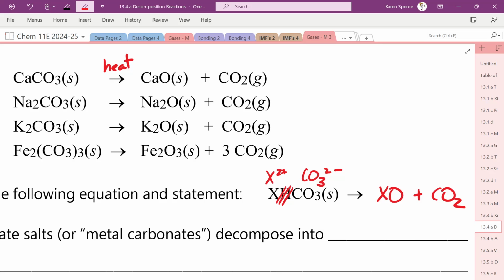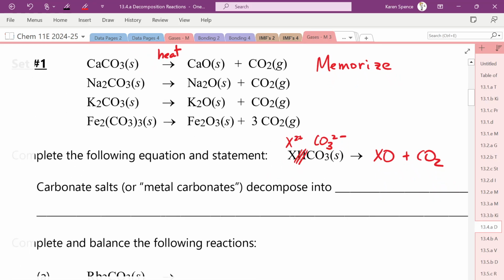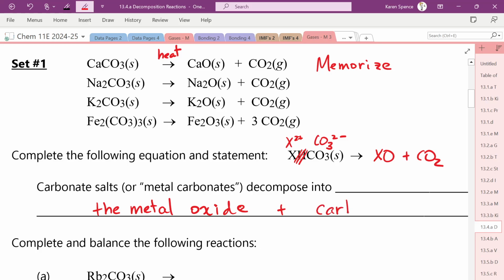It is a reaction that you should become aware of and able to predict the products of. Okay, so this is something for you to memorize. Yay! So carbonate salts decompose into the metal oxide plus carbon dioxide.